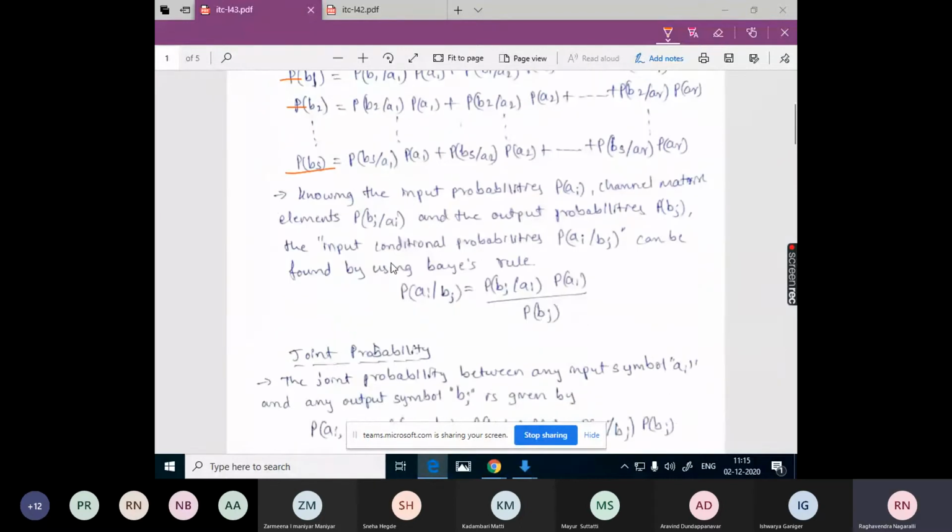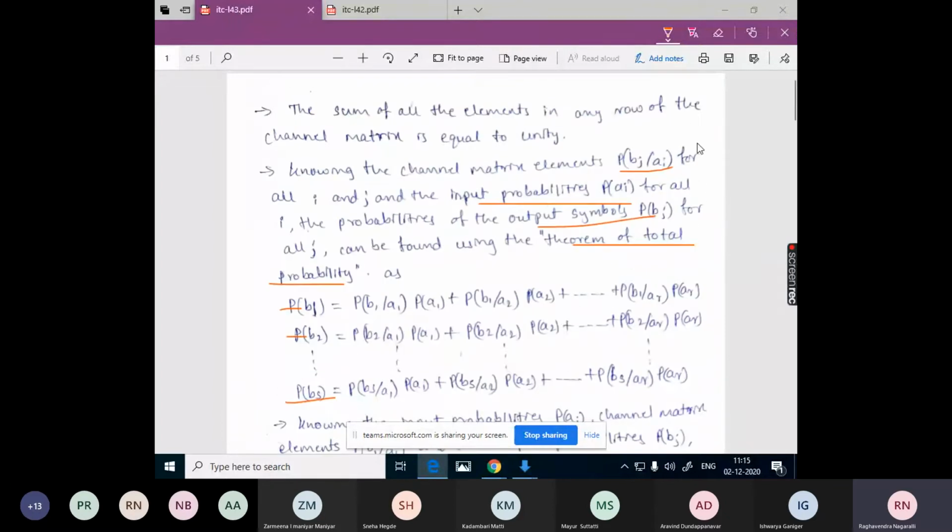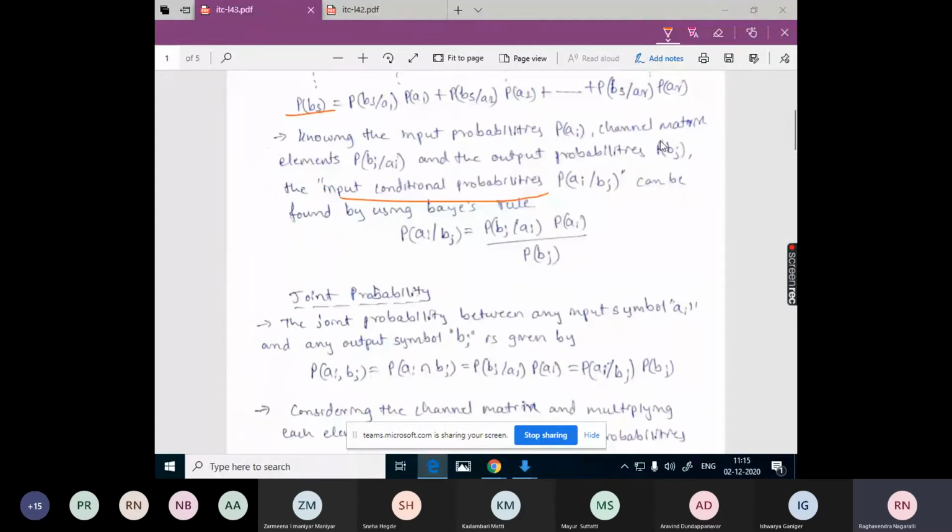We have also seen how to calculate the input conditional probabilities. These conditional probabilities are the output conditional probabilities: what is the probability with which I am receiving this output symbol if this input symbol is transmitted? Using that information, we can also calculate the input conditional probabilities, which is nothing but the probability that I have transmitted A1 if the receiver has received B1, B2, B3 up to BS.